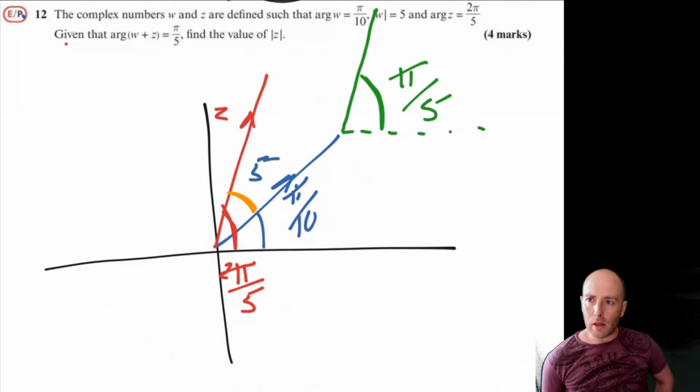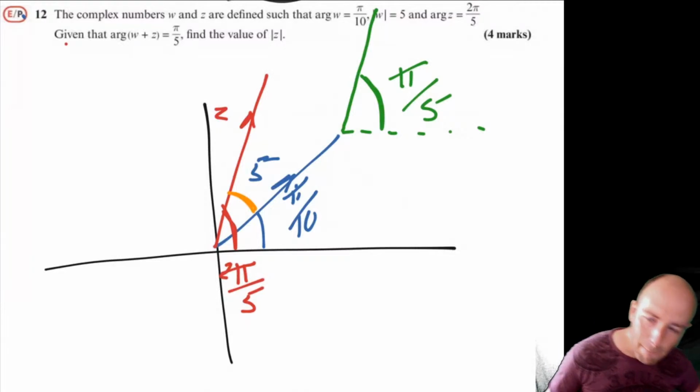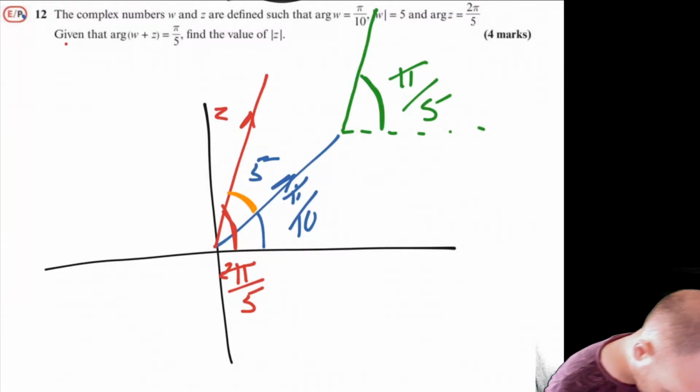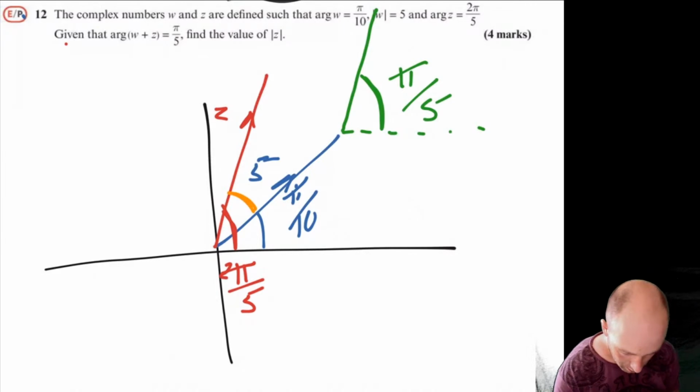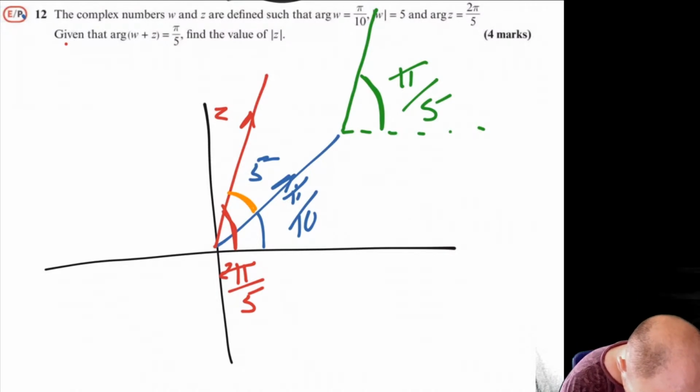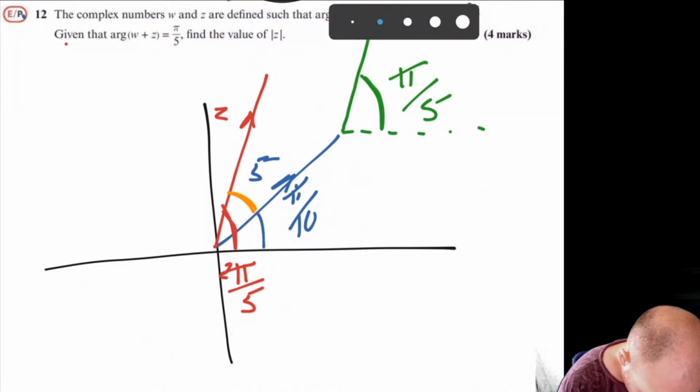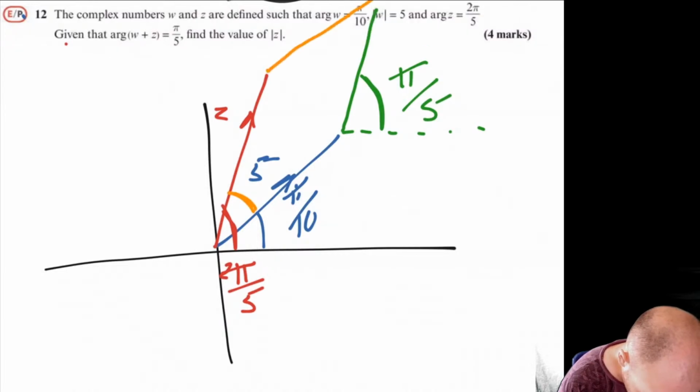Got the modulus of that. I could put W in there as well if I wanted, 5, pi over 10.